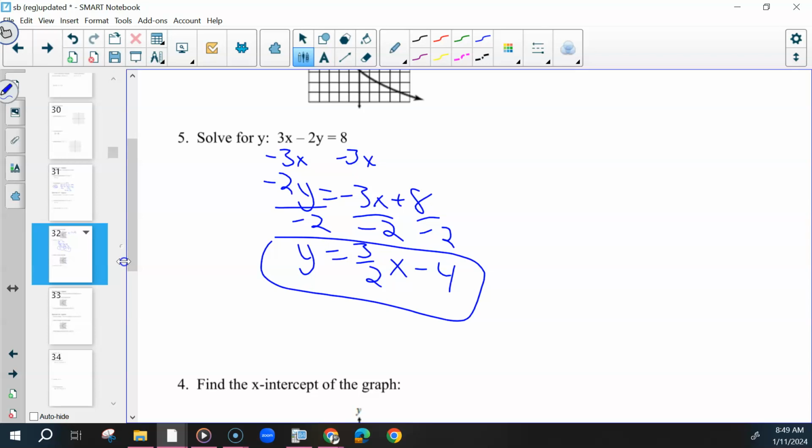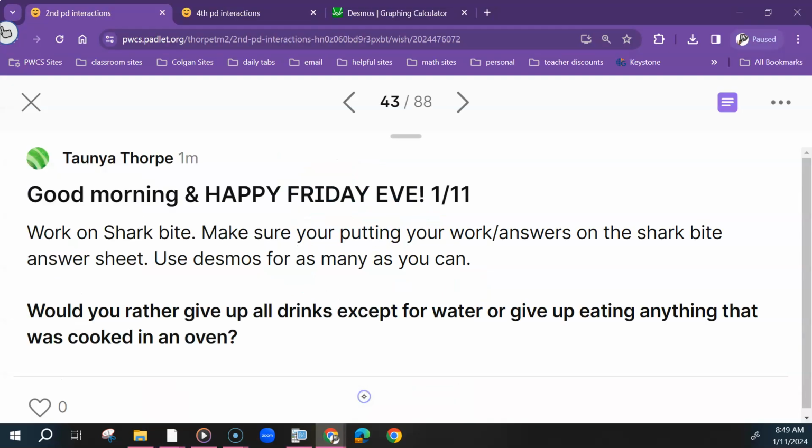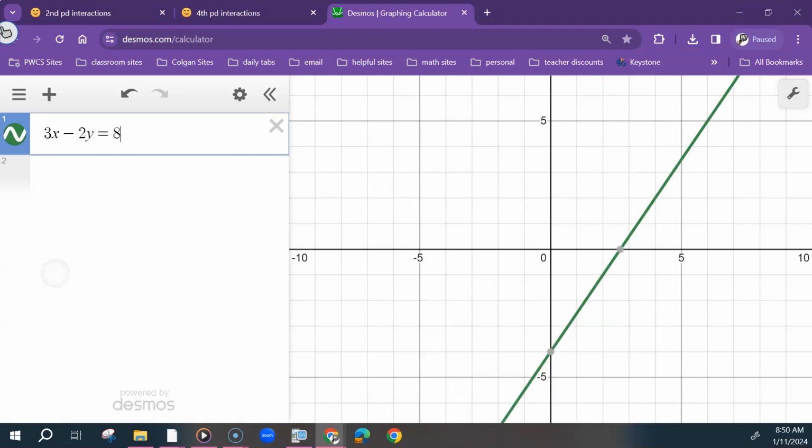Okay, so I'll start with 5 and go backwards. For number 5, if I were to type in the original 3x minus 2y equals 8, I could find what the y-intercept is, count what the slope is, positive 3 over 2, and then write that as an equation.